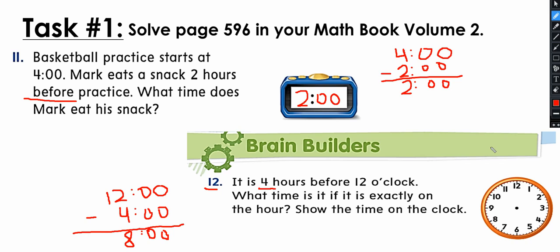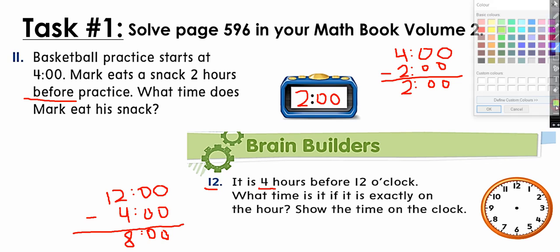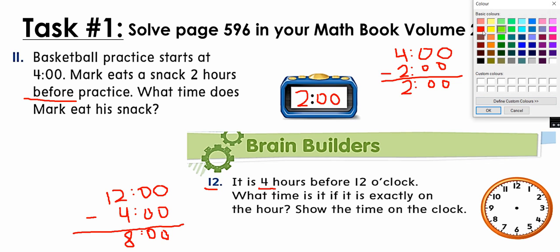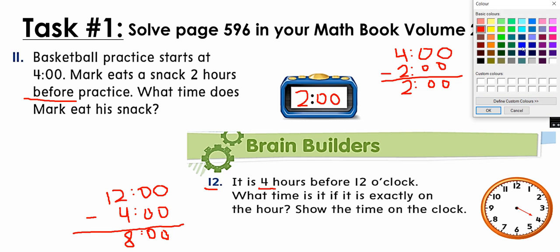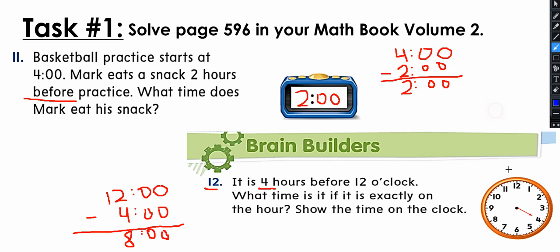What time is it if it's exactly on the hour? Let's use red for the hour hand. It will be 4 o'clock. And if you want to show that it's o'clock, we need to put the hour hand where? In the 12. Oh, I'm sorry. I made a mistake right here.